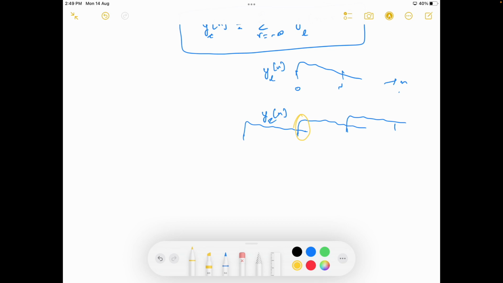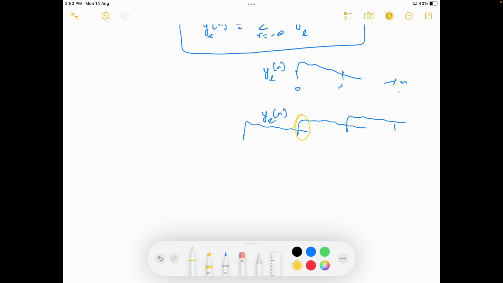Right? How do we avoid this? It's called aliasing, just a technical term. How do we avoid this tail entering from the other side and disturbing the signal? Sampling frequency must be greater than twice the maximum frequency. Okay, that is the sampling thing. What about the window capital N?